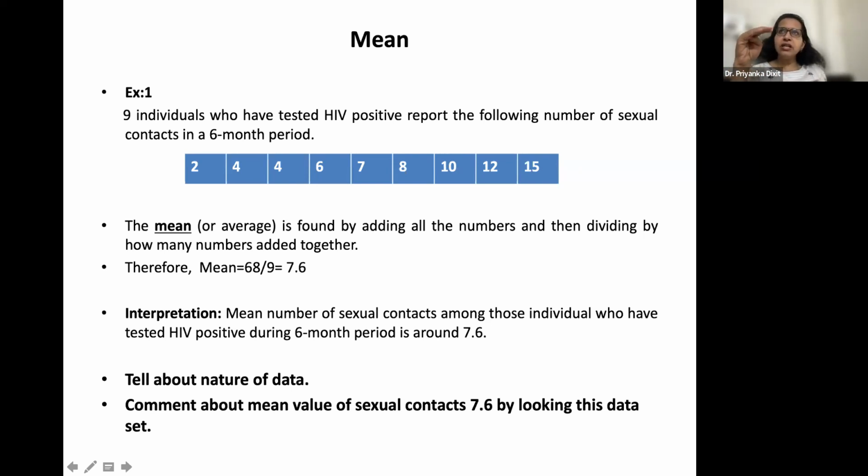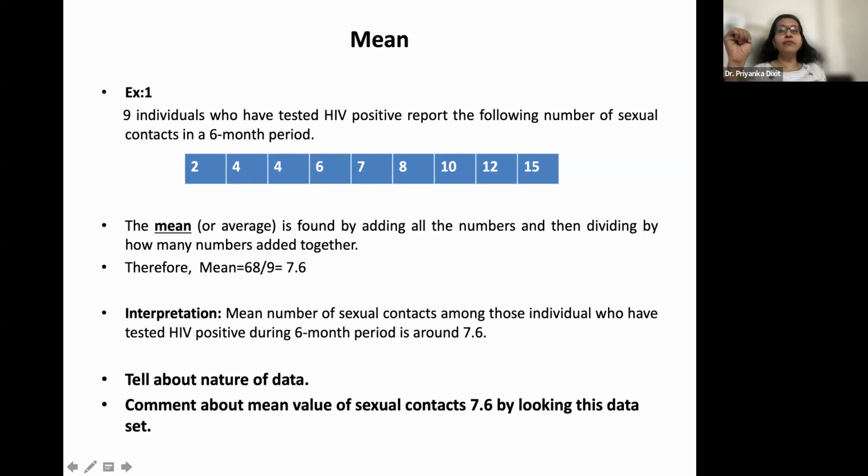Now, what is the interpretation? There are 3 different interpretations. When I'm saying mean is 7.6, I'm saying on an average, 9 individuals have reported 7.6 times sexual interaction during the last 6 months.